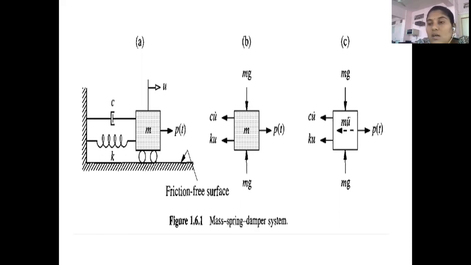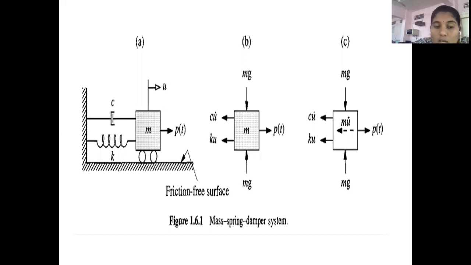Okay, so that is the mass spring damper system. So this is a very important parameter over here, and from this figure only all the concepts will be clear, and by using this, all the conceptual study will move towards equation number 1, equation number 2, equation number 3, and equation number 4.